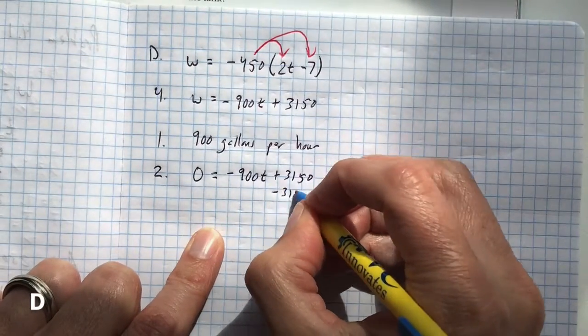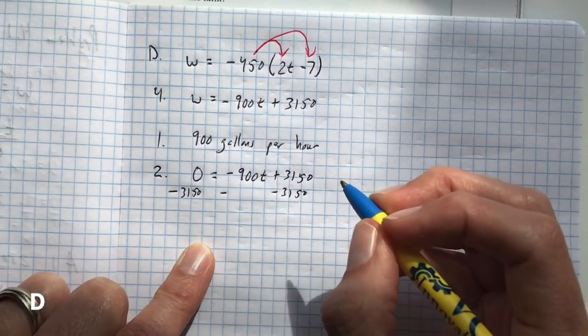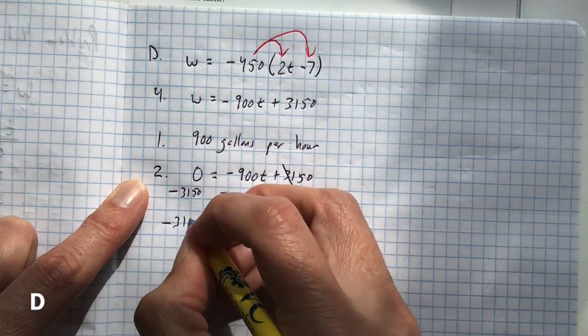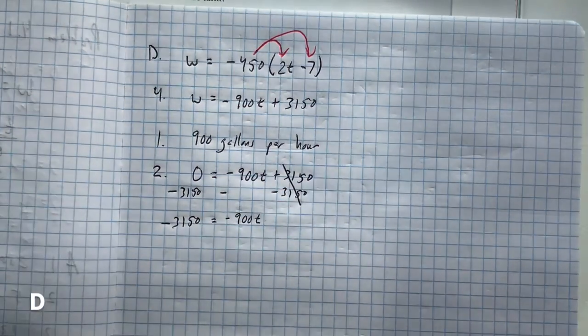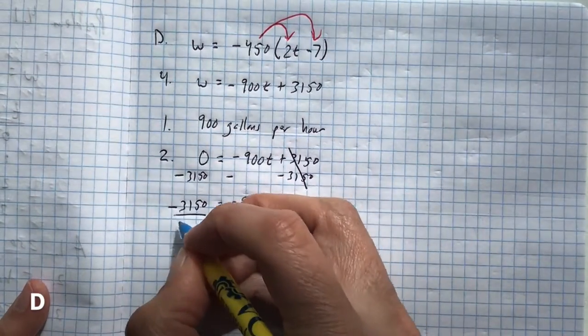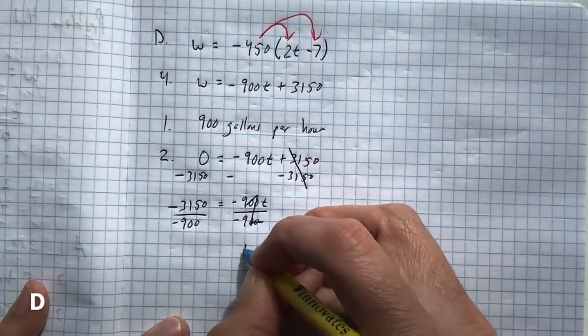Minus 3,150 here, minus 3,150 here. This is going to cancel. So I'm going to have negative 3,150 is equal to negative 900T. Again, same process. Divide both sides by negative 900. This will be a big giant positive T.